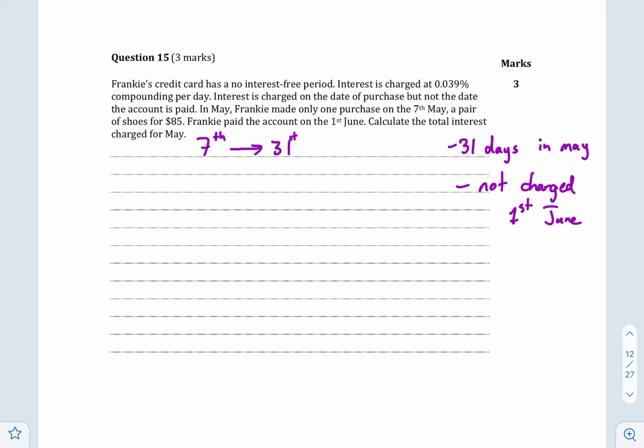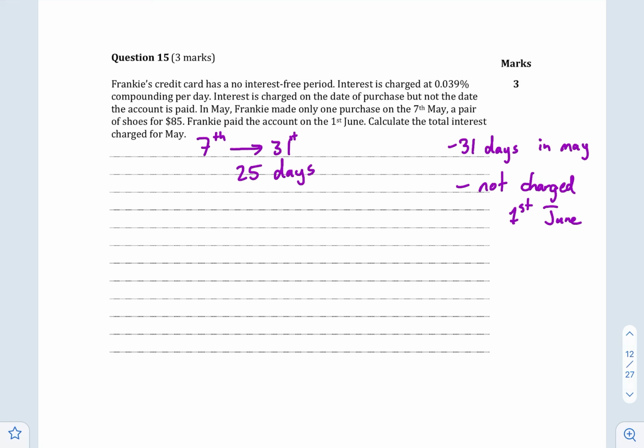So that's going to be, if we do 31 and we take away 7, we get 24. But the problem is if we do that, we're excluding one of the days. So the better way to think about it is to count from the 7th and go 7th, 8th, 9th, 10th, 11th, 12th, and so on. And if you do that, that total number of days is 25 days. Okay, so we've got 25 days, including the 7th and including the 31st.